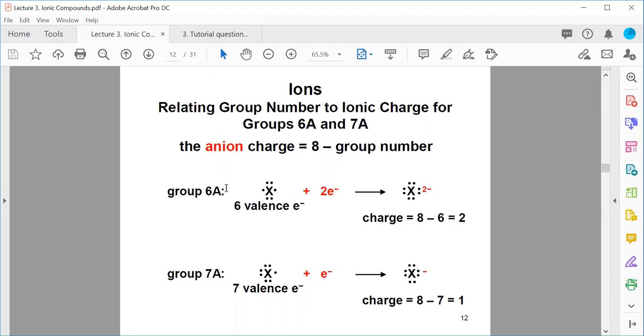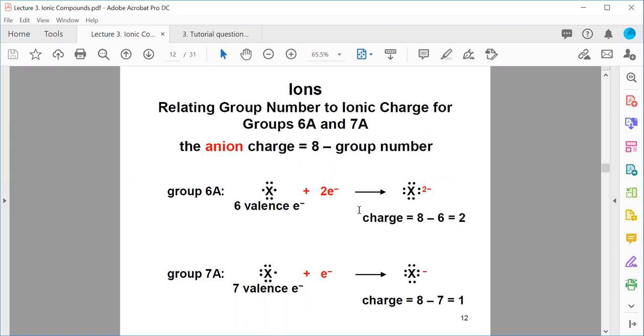All right, group 6A elements, and the element itself is denoted by this X. Belonging to group 6A means they have 6 valence electrons, and we can see the valence electrons represented here as dots. Rather than losing those 6 valence electrons, they tend to scavenge electrons. So +2 electrons means that they gain electrons. Rather, the +2 electrons is written to the left side of this arrow.